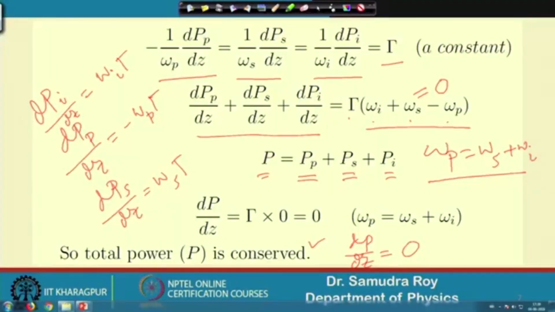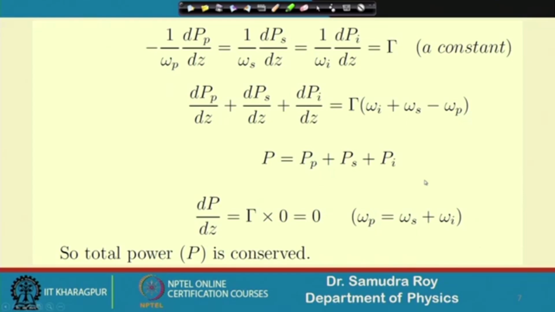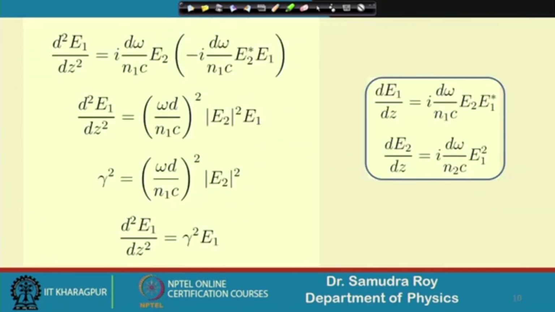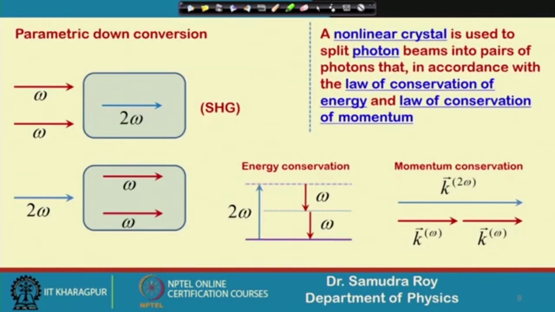Here we show that the Manley-Rowe equations for these 3 expressions are such that they conserve the total power or the total energy. So, conservation of energy is valid here for these 3 equations that we have derived for pump, signal and idler.